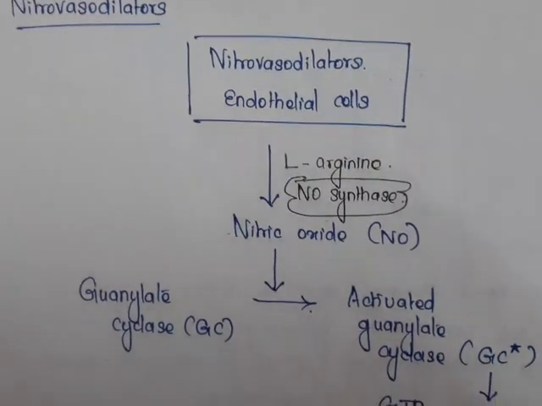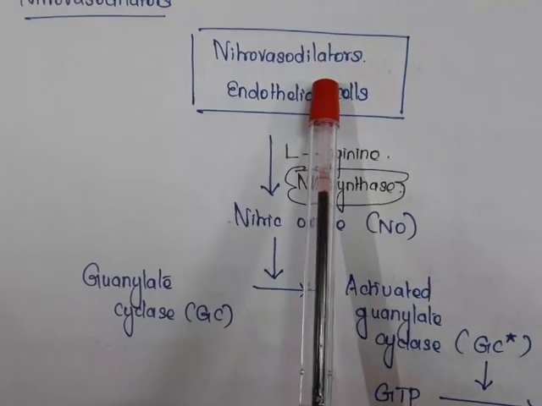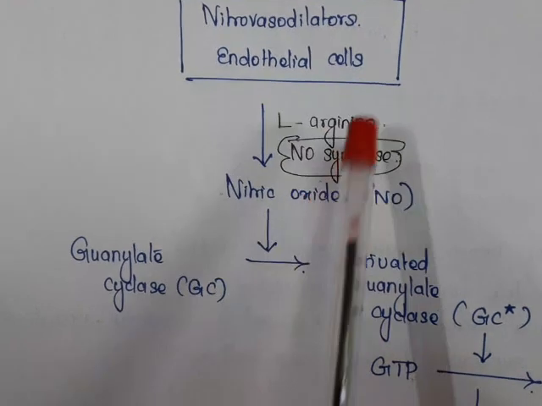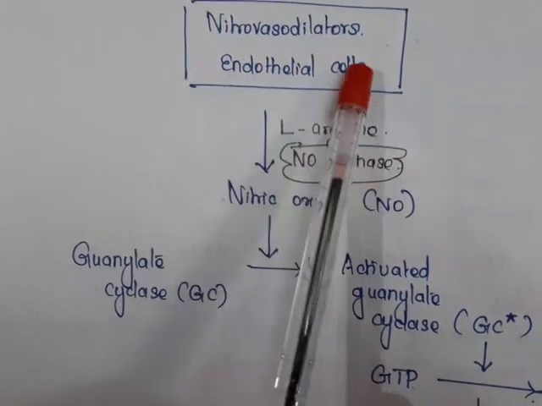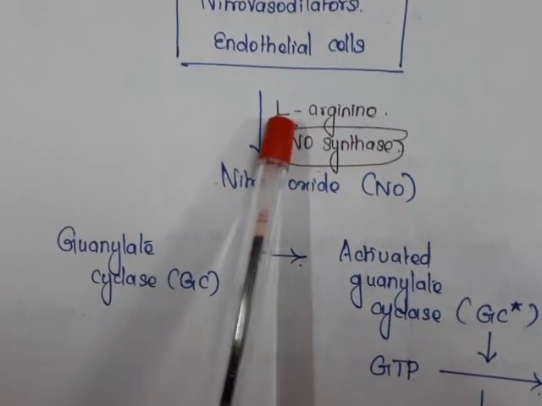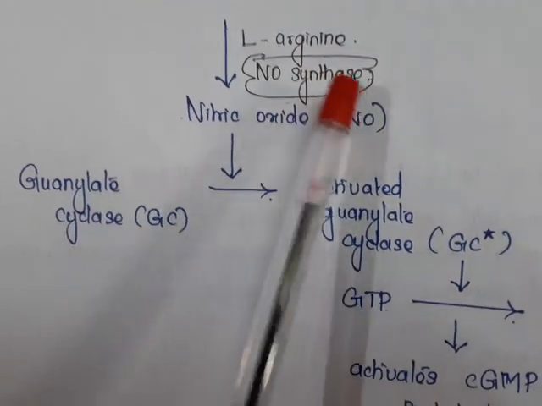These organic nitrates are the pharmacological sources of nitric oxide, NO, for the body. In the cardiovascular system, nitric oxide is produced by vascular endothelial cells from the semi-essential amino acid L-arginine, with the help of an enzyme called NO synthase.